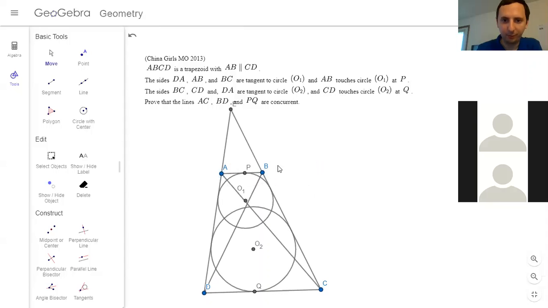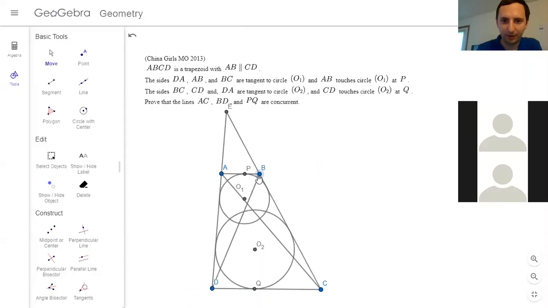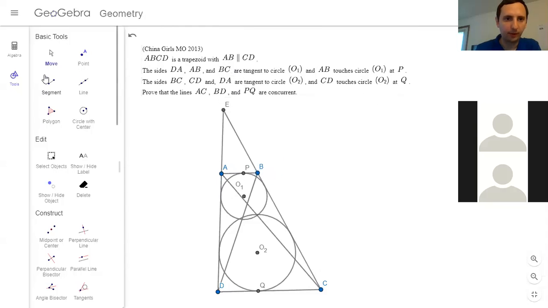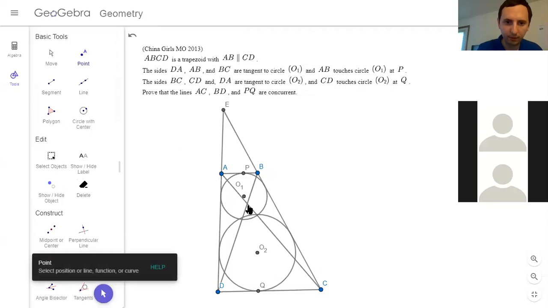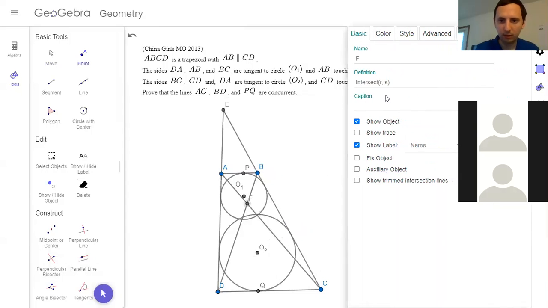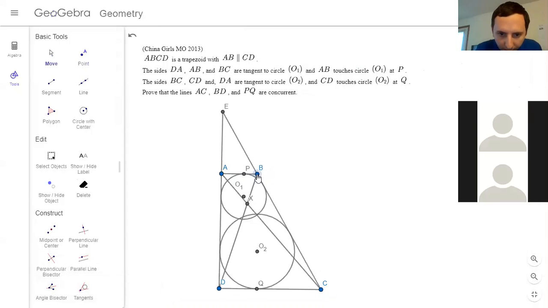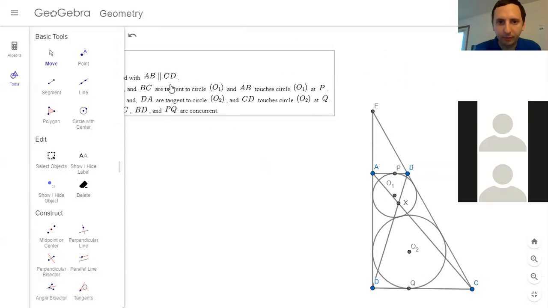It looks like O1 lies on the diagonal, but there we go. That's probably a little better. So basically, I'm going to draw the in circle of EAB. Let me just make this slightly straighter. There we go. But that pretty much solves it.